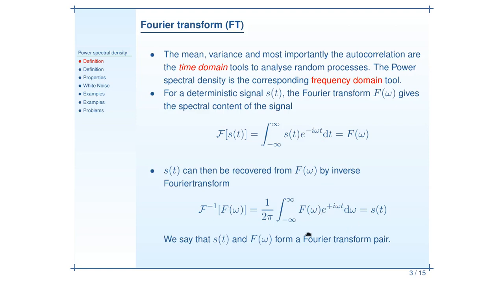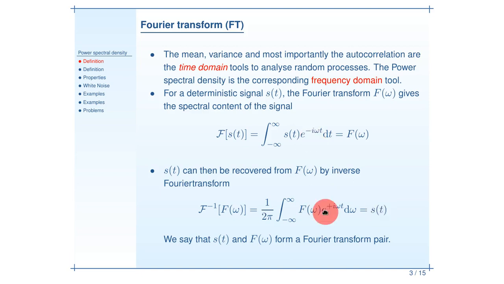Then you integrate with respect to omega, the frequencies, and there is a factor 1 by 2 pi. When you integrate with respect to omega, you will recover the original function s(t).